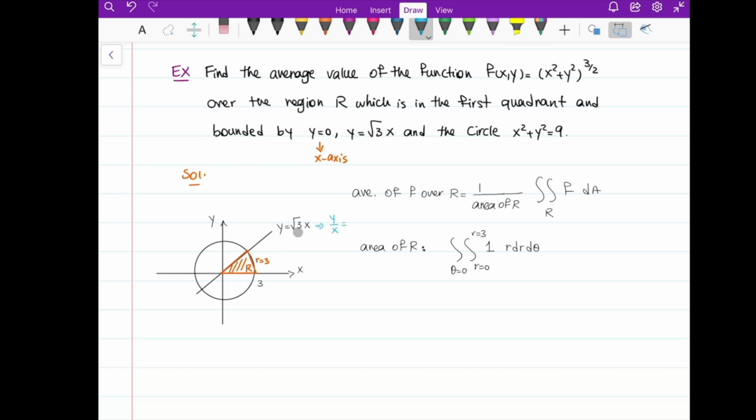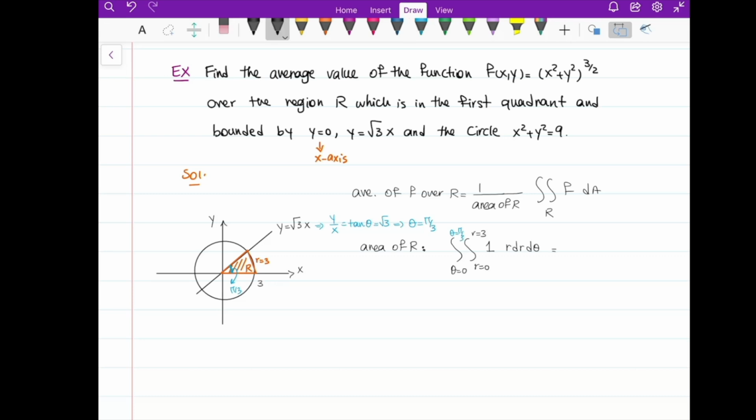I'm going to divide both sides by x, which gives tan of theta in polar. It's equal to root 3, and therefore theta equals pi over 3. So it goes up to theta equals pi over 3.